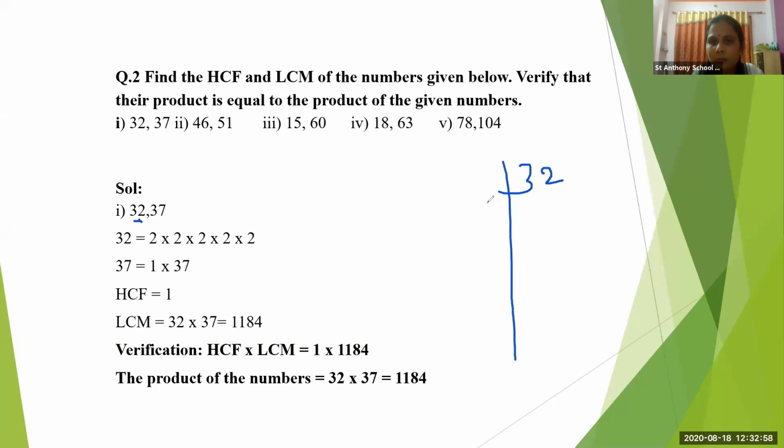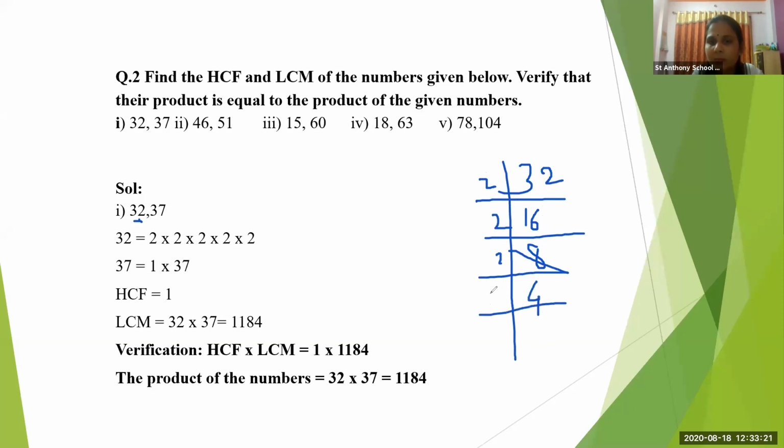Now 32 is there. So what will be the factor? 2 है यूनिट प्लेस में, so we will divide 32 by 2. 2 16s are 32. Now here it will come 2 8s are 16. Correct. Now here again it will come 2. Now here it will come 2 4s are 8.